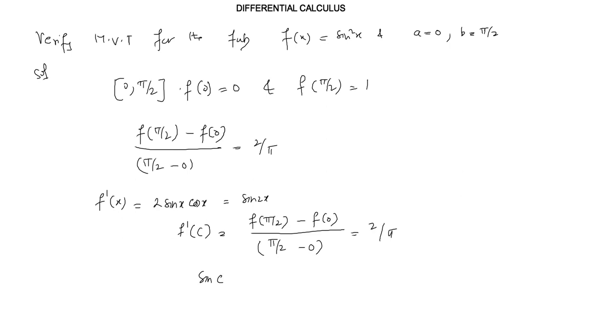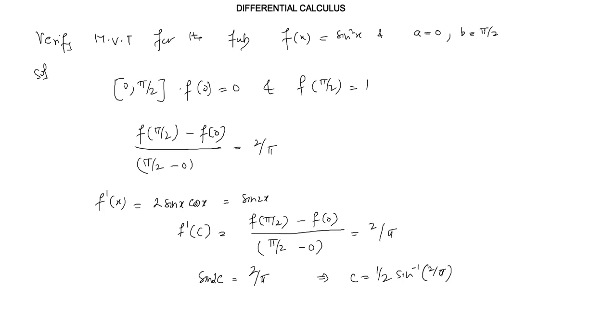Now we got sine 2c equal to 2 by pi, and this implies c is 1 by 2 sine inverse 2 by pi.